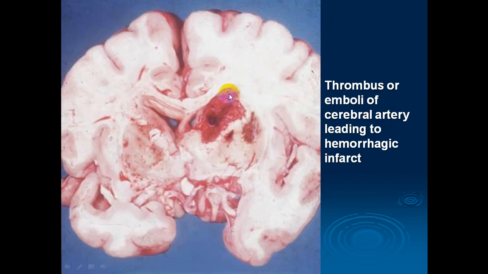Okay, this is thrombus around the blood vessels in the brain here. This is thrombus. This is the hemorrhage after the thrombus happened. This is an infarct. This is an acute infarct because it is still red, containing more red blood cells.